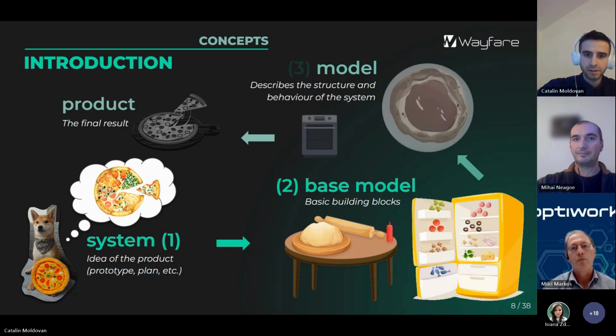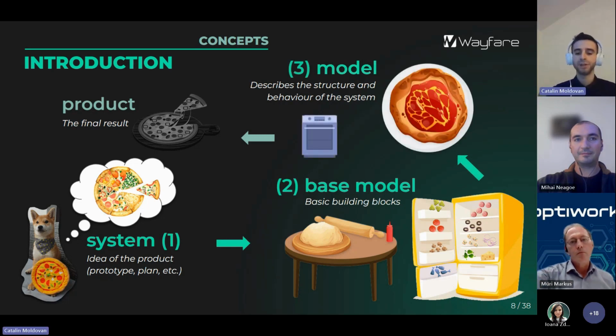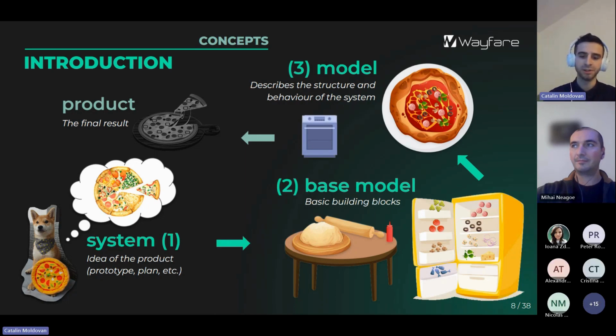Then in the next phase, we use all these ingredients from the base model to make our pizza. And this is our model. Our model describes the structure and behavior of our system. But in this case, we only put some ingredients together, but the pizza is not yet ready. So the final process is to bake the pizza.